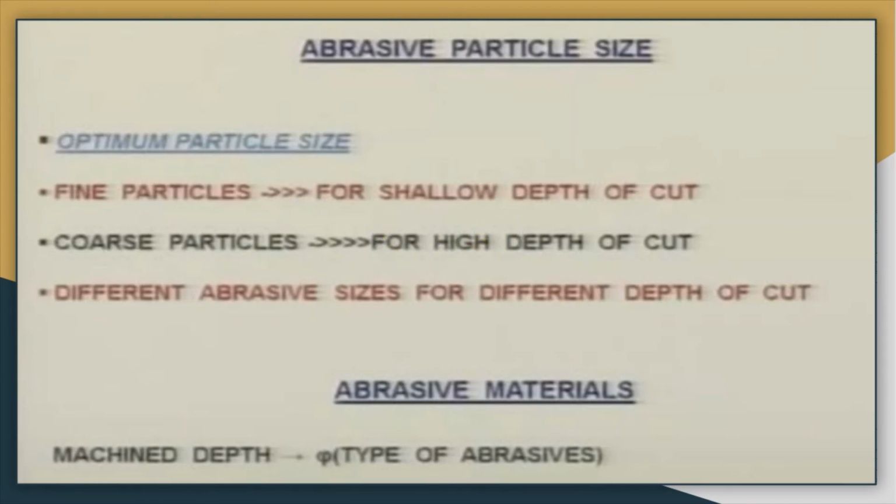Different abrasive sizes for different depths of cut are also proposed by some of the researchers. However, in practice it seems to be a little difficult task, and the machining rate or machining depth is a function of the type of the abrasive. This is also mentioned by the researcher.